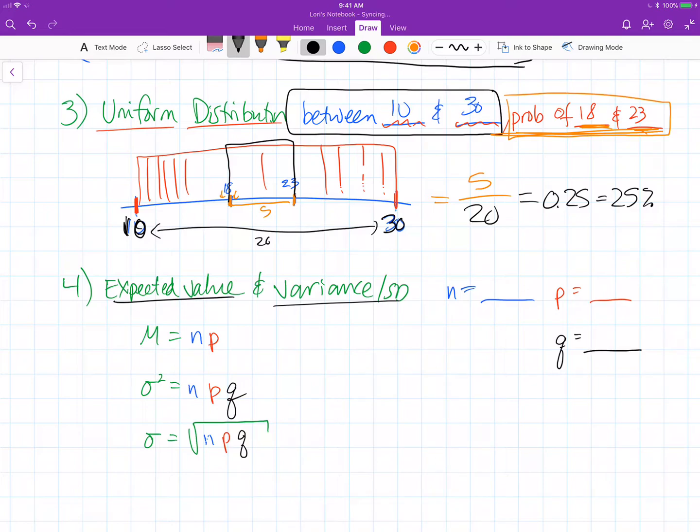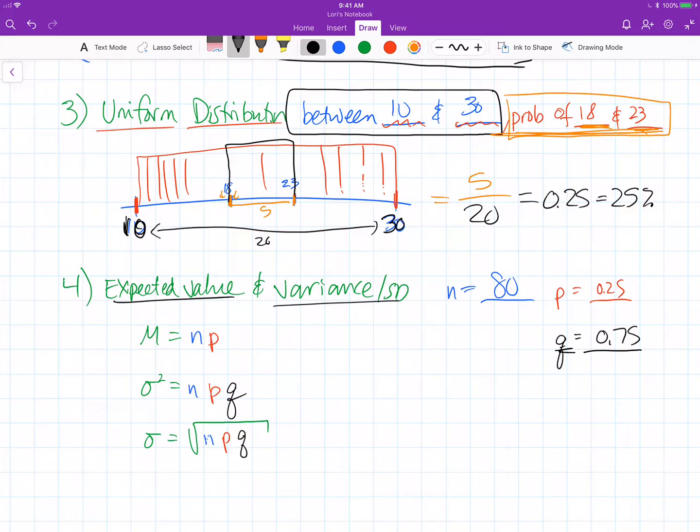Let's say I give a test and I have 80 questions on my multiple choice test. If I offer 4 possible answers, A, B, C, D, and somebody were to randomly select A, B, C, or D, and it truly was just random, the probability of getting any one question right is 0.25. Inversely, the chances of getting it wrong are 0.75.